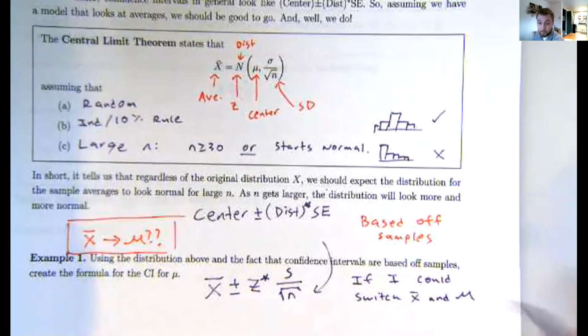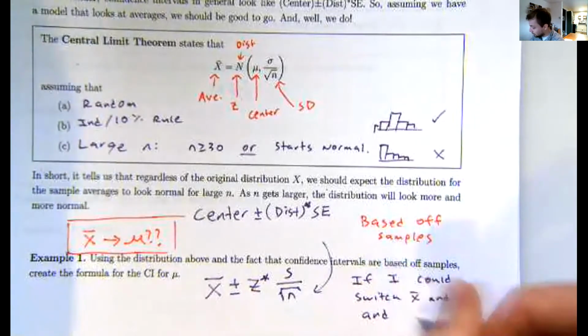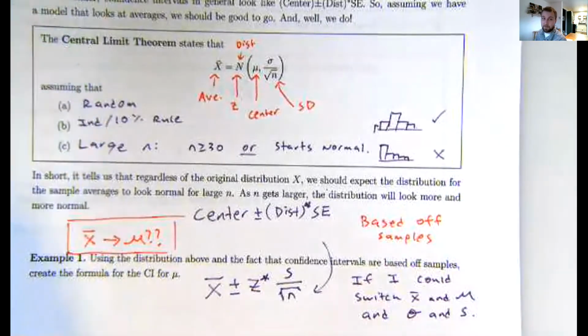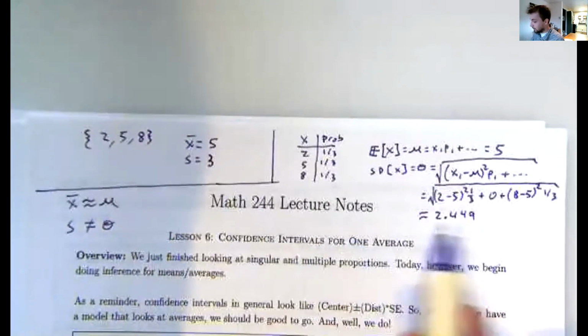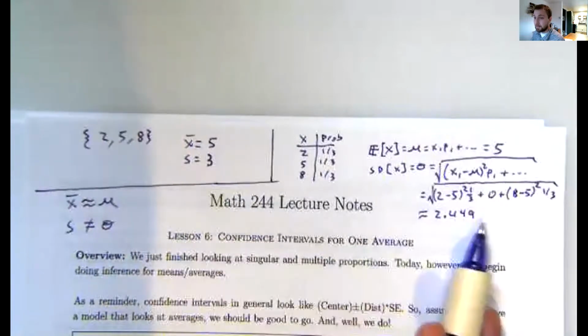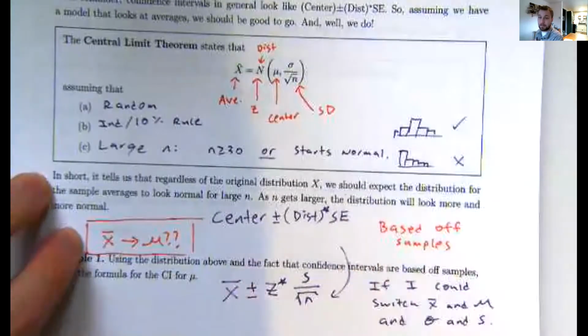I can, no problem, those look the same. And if I could switch sigma and s. And there I feel a little bit more uncomfortable, because up here I had a standard deviation of 3 and a different standard deviation of like 2.45. These are not the same number. I can't interchange these things. I can't just say that sigma looks like s.